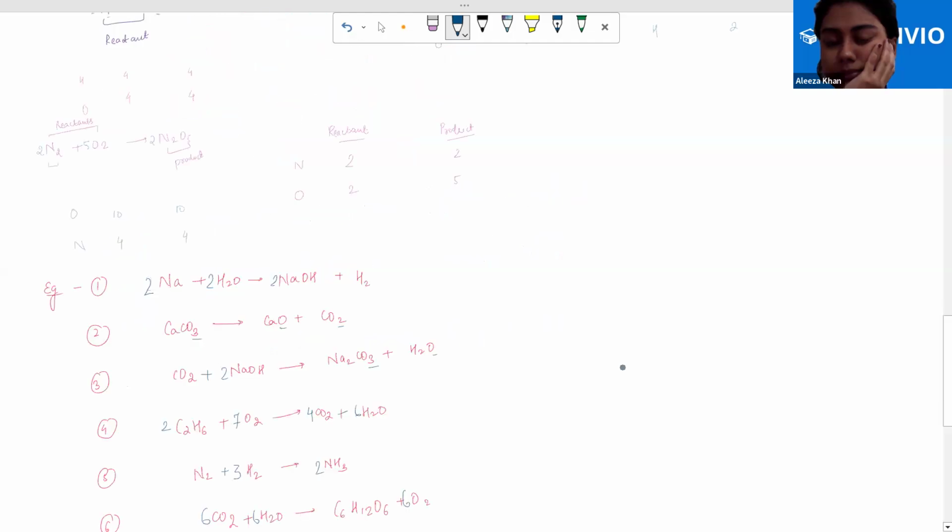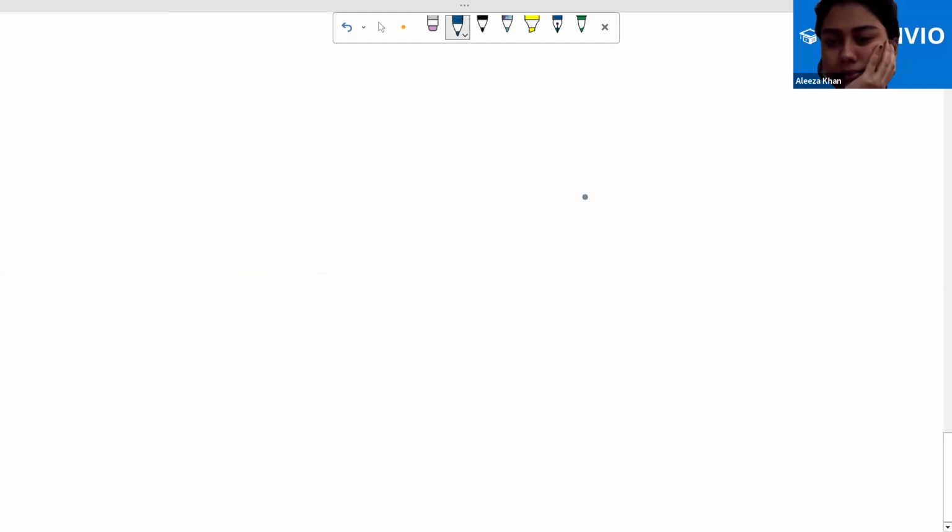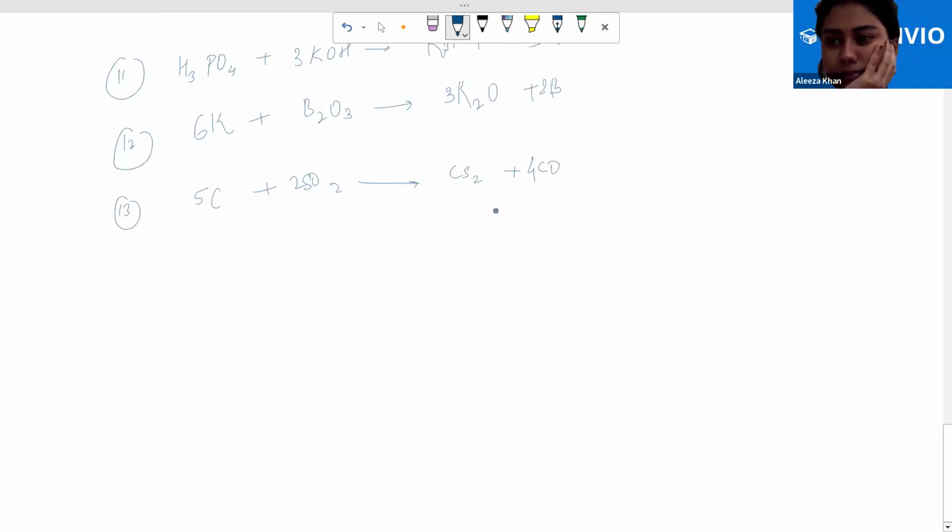For example, in this one there's 5C, so I had to write 5 there, and then C plus 4CO. But there I did 3CS2 and then 2CO2.